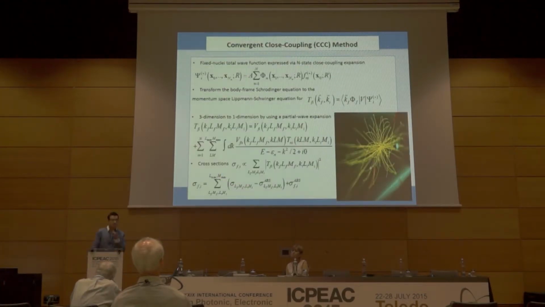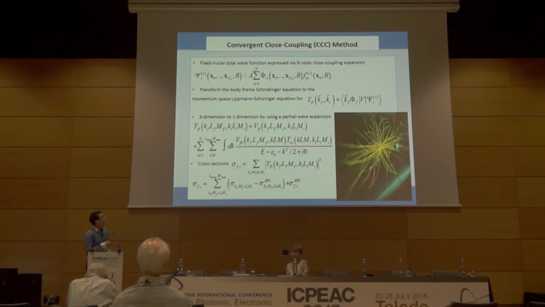We use the convergent close coupling (CCC) method. We expand the fixed nuclei total scattering wave function in a close coupling expansion here. We transform the body frame electronic Schrödinger equation to the momentum space Lippmann-Schwinger equation for the T matrix.